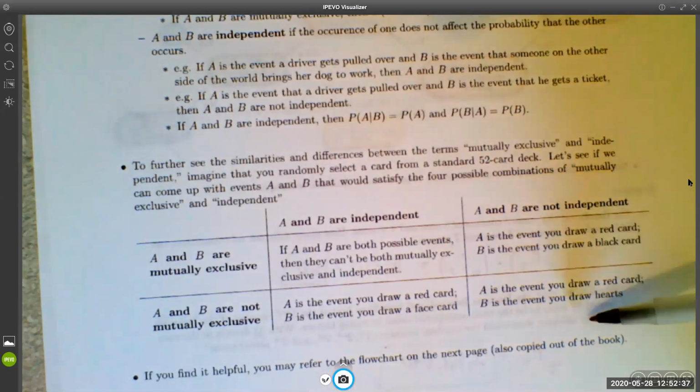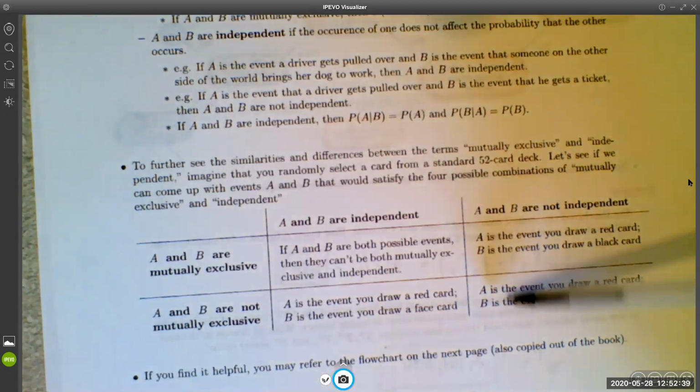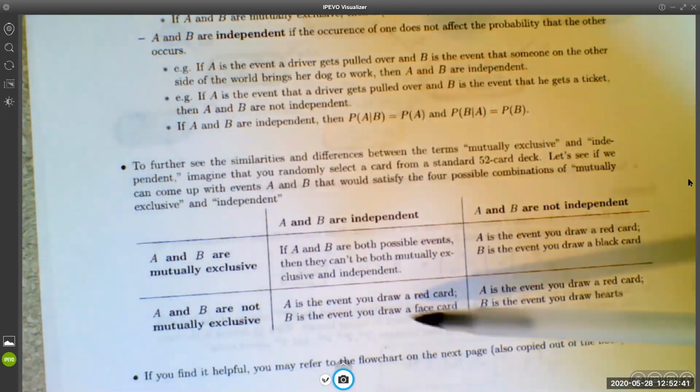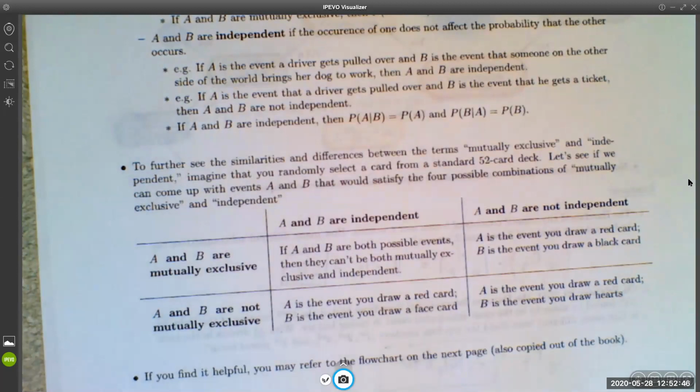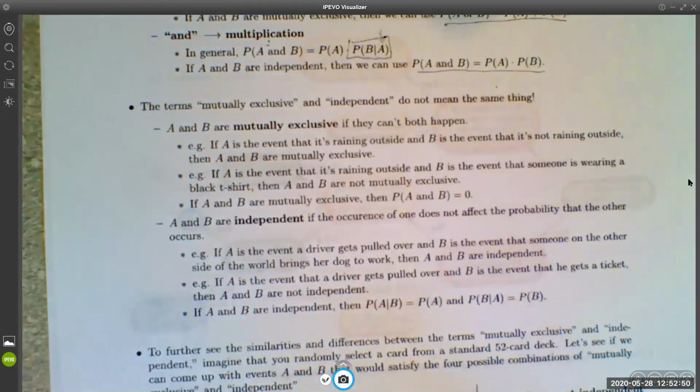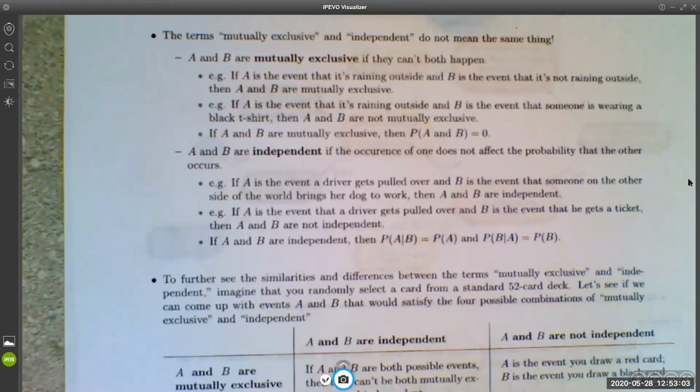You've got some examples of things that are both not independent and not mutually exclusive, and so forth, right? So you can read this table to try to make sense of the difference between the terms mutually exclusive and independent. I don't plan on hitting you too hard on it on the test, to be honest with you, but they're important concepts, and they're words that will come up again later on in the semester.